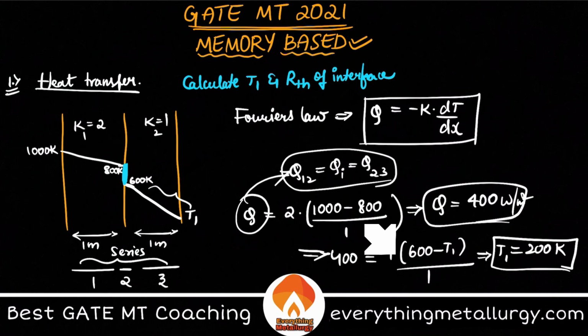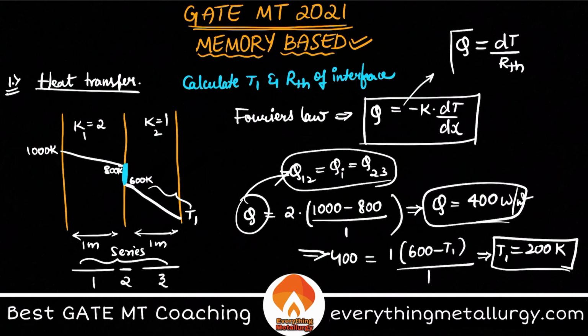Now the same thing can be done for the interface. You can rewrite this as Q is equal to dT by RTH.